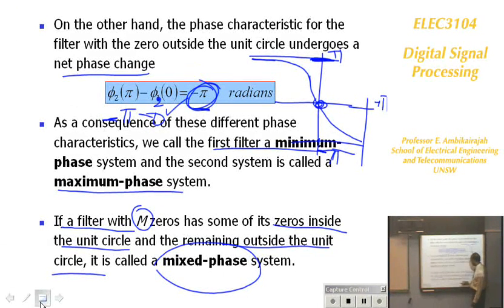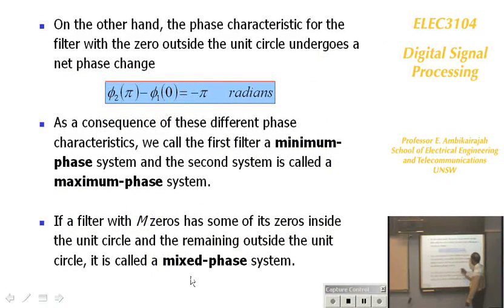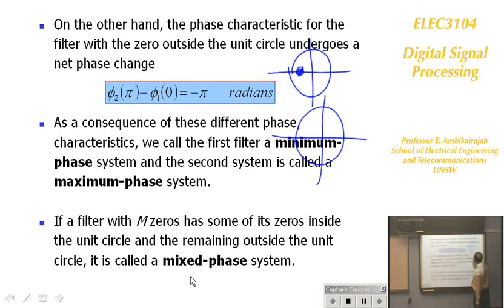In the first filter, what did we have? Go back to the first filter. If you look at the 0, it was inside. For the second filter, the 0 was reflected, so it was outside. So if the 0 is inside the unit circle, we showed that the net phase change is basically 0, as we had earlier.